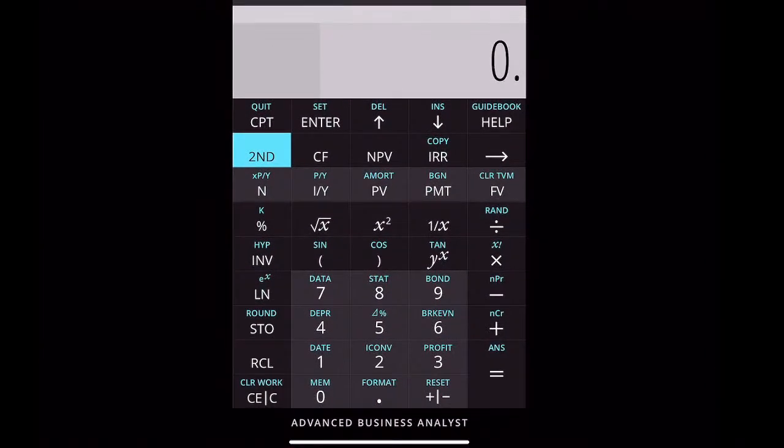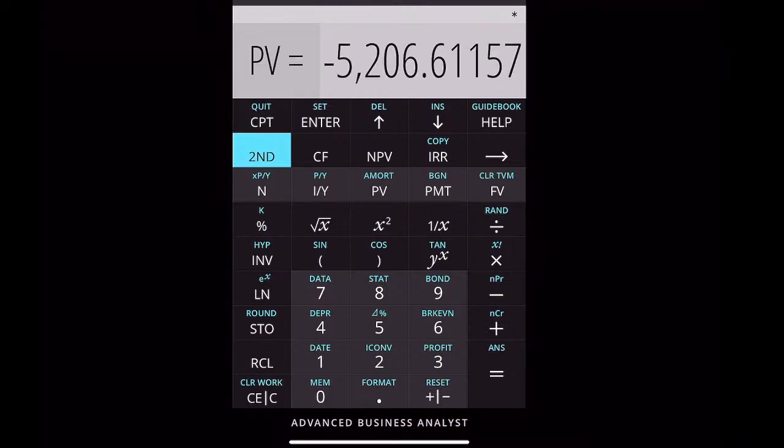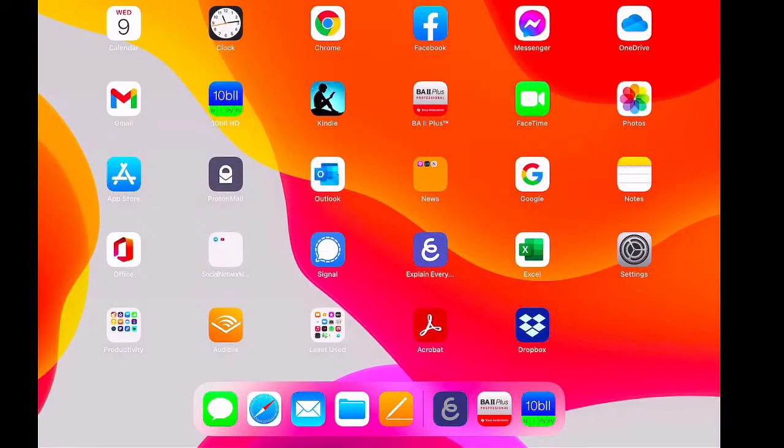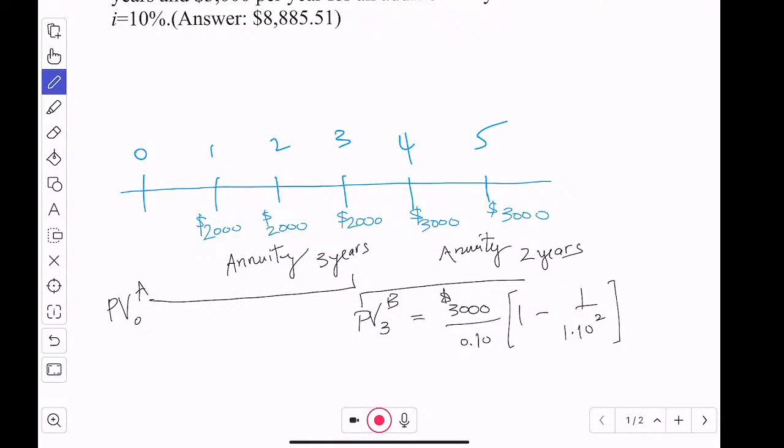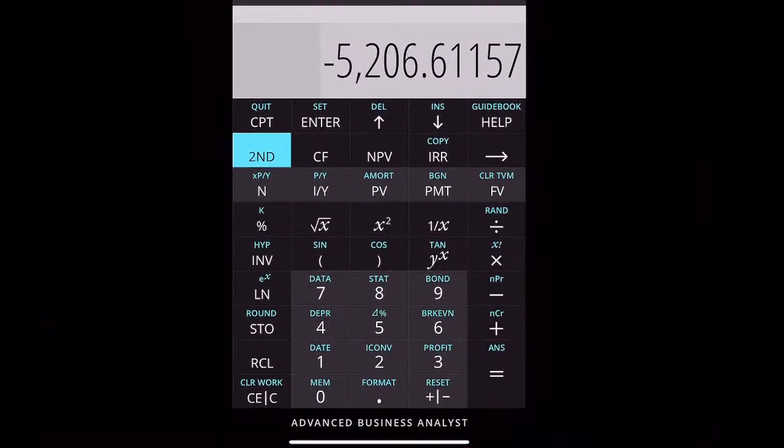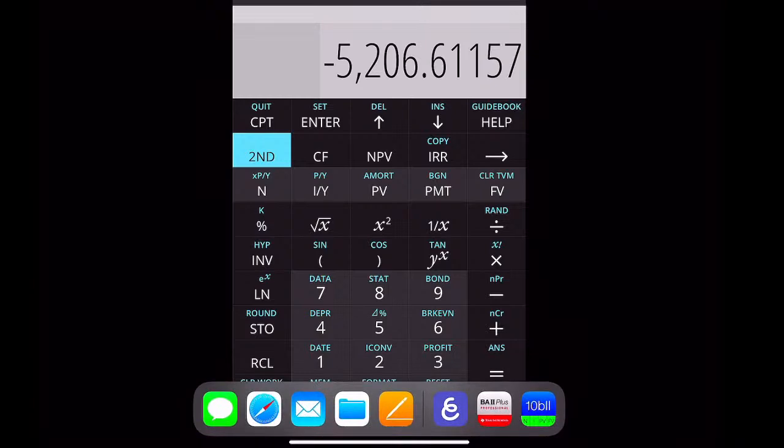So 2 years, 10%, payments are $3,000. And I put a 0 in FV and ask for PV, and then store that. I can store that as a negative, I guess. So store 1. And I keep all the decimal places. So that's, actually, let me see that number again. 5206.61.